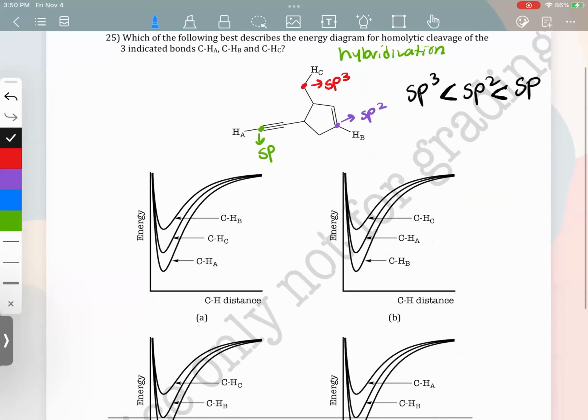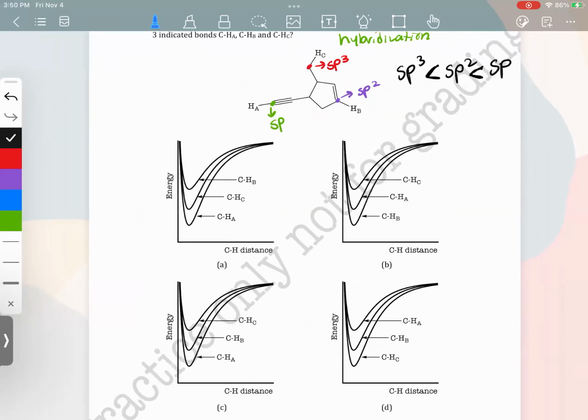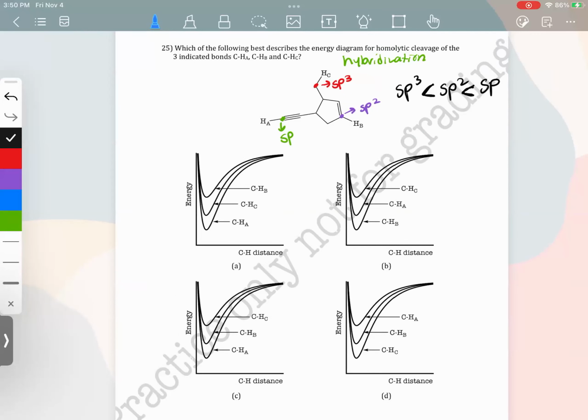So first, let's put them in order of energies in this energy chart. Which of these charts correctly puts them in order? sp is lower than sp2, then sp3. Right, C.